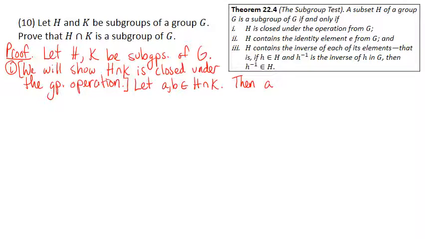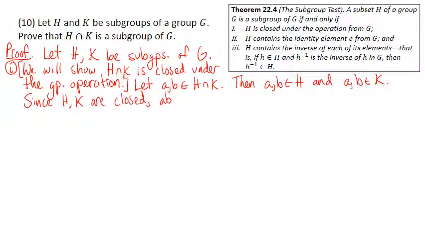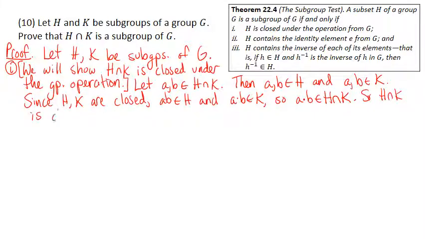Well, then A, B are elements of H, and A and B are elements of K. And then since H, K are closed, that would mean that AB, so A times B, is an element of H, and A times B is an element of K. So A times B is an element of H intersect K. Okay, so H intersect K is closed. All right, that's good. So that was the first one.